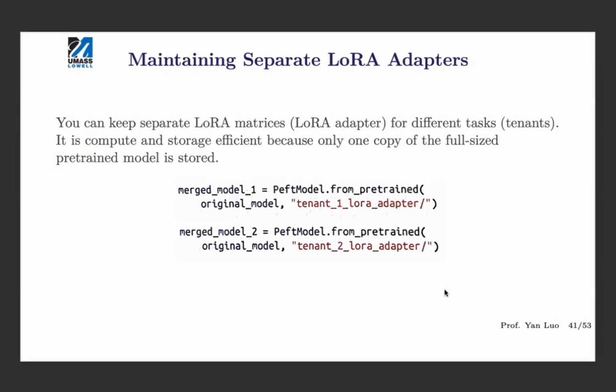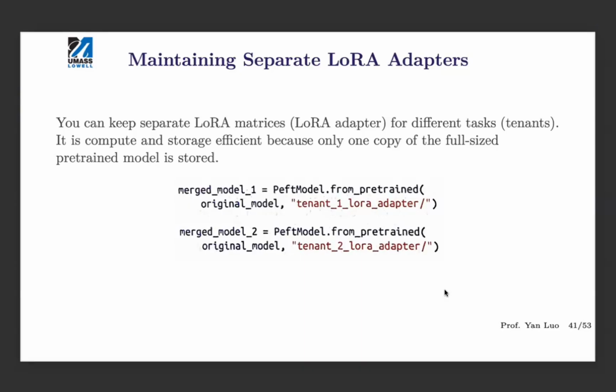The benefit is that because these LoRA adapters depend on the original pre-trained model, when you have multiple adapters, they can use one copy of the full-size pre-trained model. So you don't have to have other storage spaces allocated to store the same full-size model multiple times.